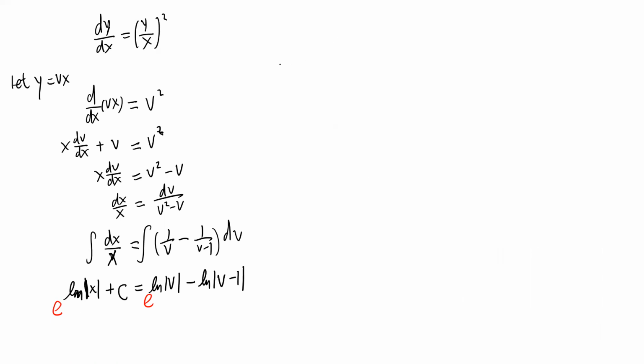Then I will have this x times e to the c, which is another constant, so let me just call it c prime, and that equals this. And as I said, we are not done, because we want to put the v back to y divided by x.